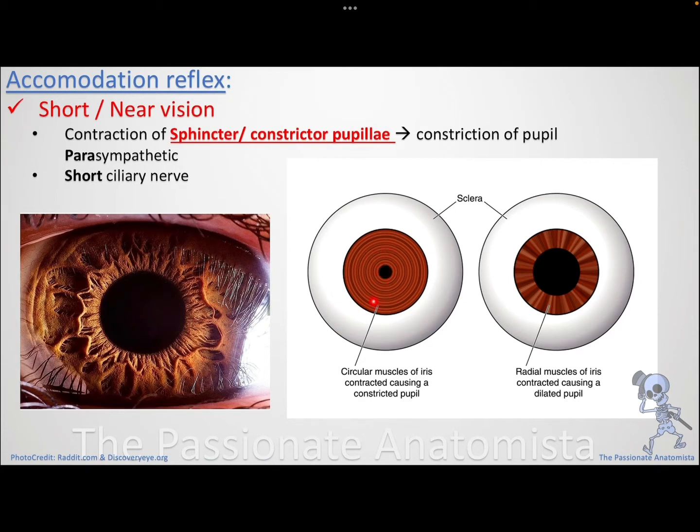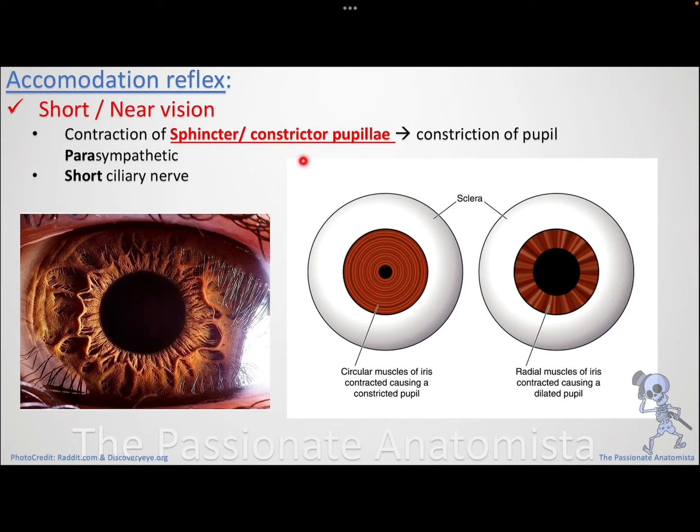The sphincter pupillae muscles are going to contract because they want to reduce the amount of light coming from this very near object. So again, here we are, R letter: the parasympathetic innervation by the short ciliary nerve for the short vision is going to activate and cause contraction of the sphincter pupillae muscle. All right, sphincter, not dilator. The sphincter, or constrictor: constriction, not dilation.